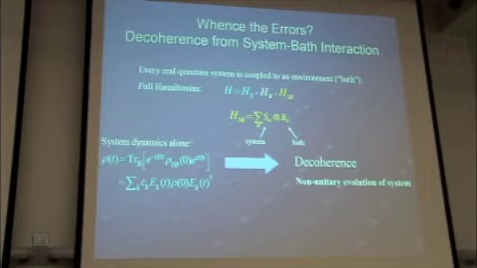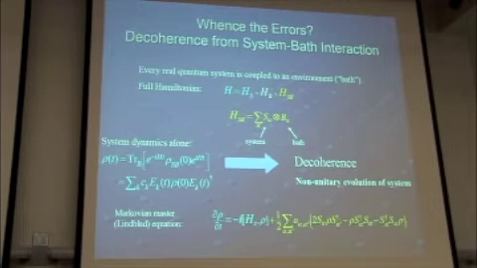I would like to define decoherence simply as anything that's non-unitary evolution of the system. And that's going to happen whenever there's more than one of these Kraus operators here, in which case we get non-unitary evolution. So that's decoherence in general.